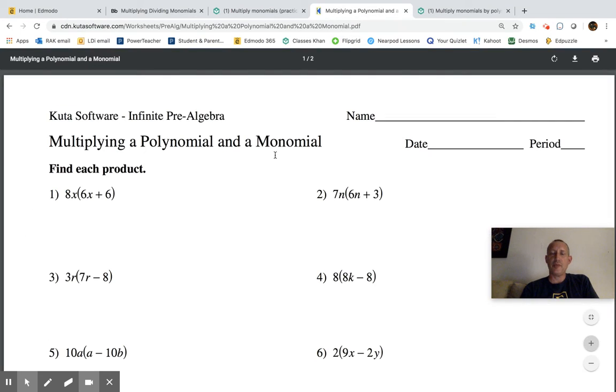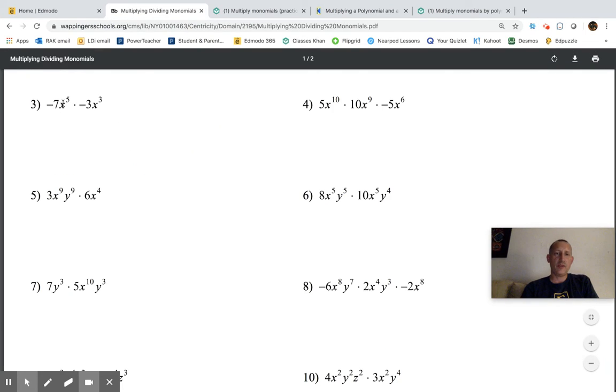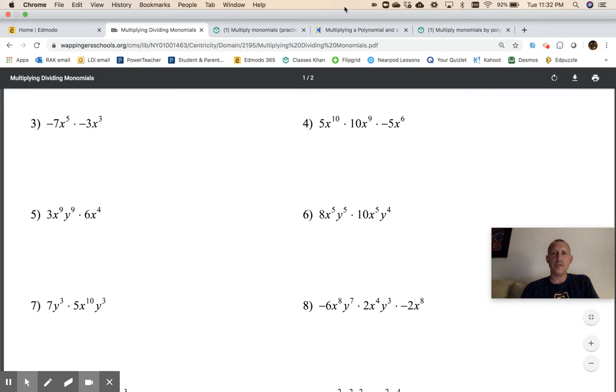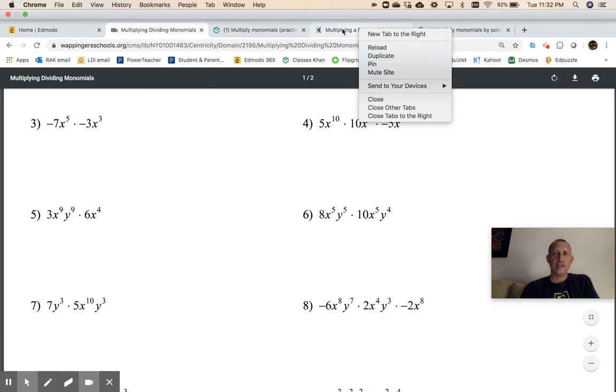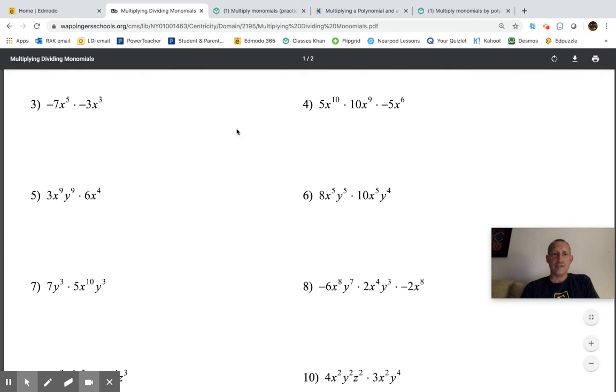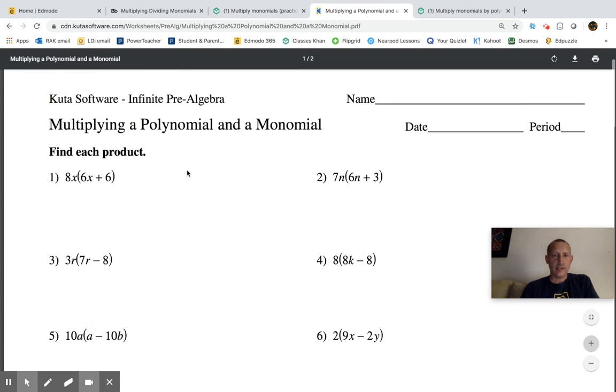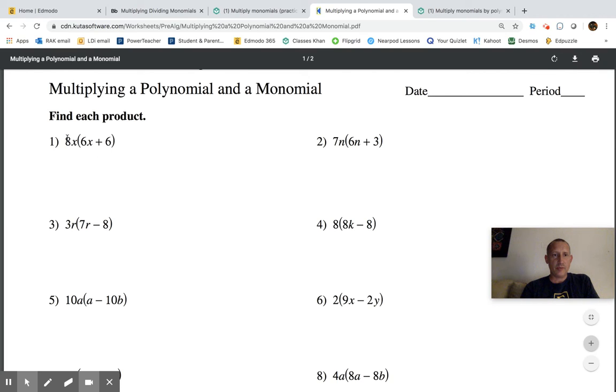Now, for multiplying a polynomial times a monomial, it's just like when we multiply a monomial times a monomial, but we're going to do it twice or more. So if you look here, for these, we're going to do it twice. We're going to multiply that times this first term, and we're going to multiply that by the second term. We're distributing.